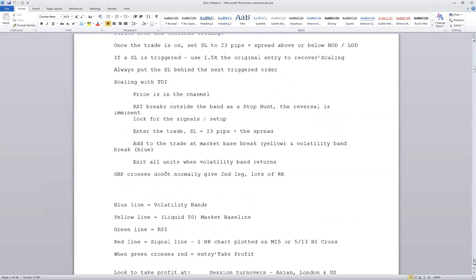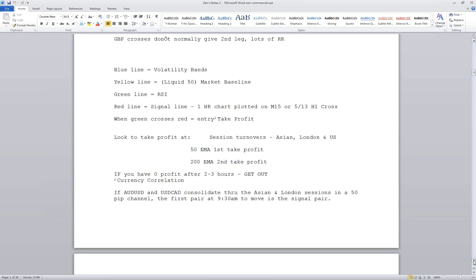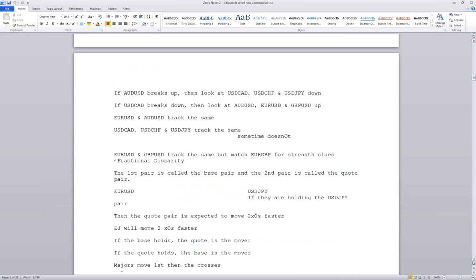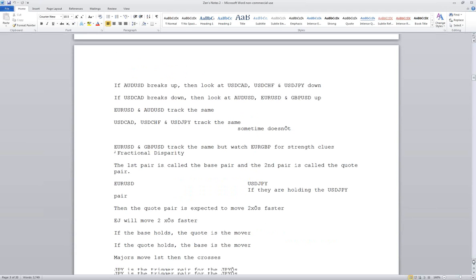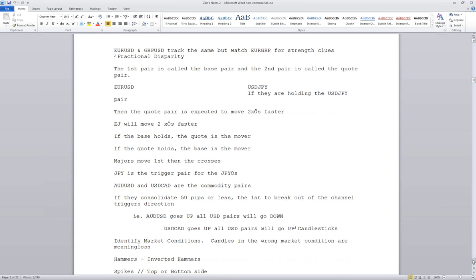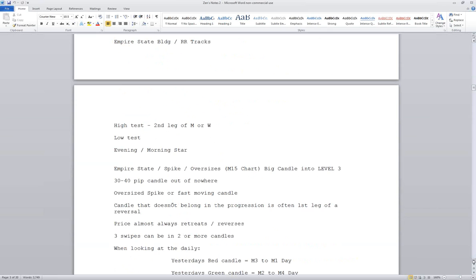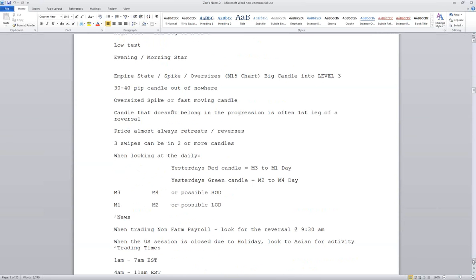Using TDI, scaling with it, what the volatility bands were. Here's a section from when I was learning fractional disparity and currency correlation, here's all my notes on that. What a high test, what a low test is, candles.